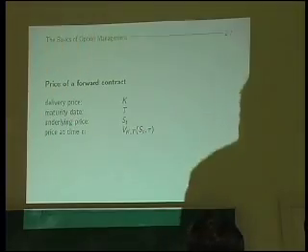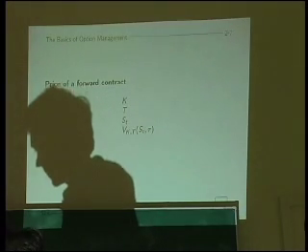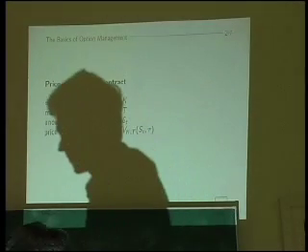I remind that capital K is the delivery price or strike, and the maturity date is denoted by capital T. You have the spot price of the stock ST, and the price of the forward contract V(K,T). What we would like to find, first, is the price of this contract, and second, the forward price which makes this contract worthless at time small t.